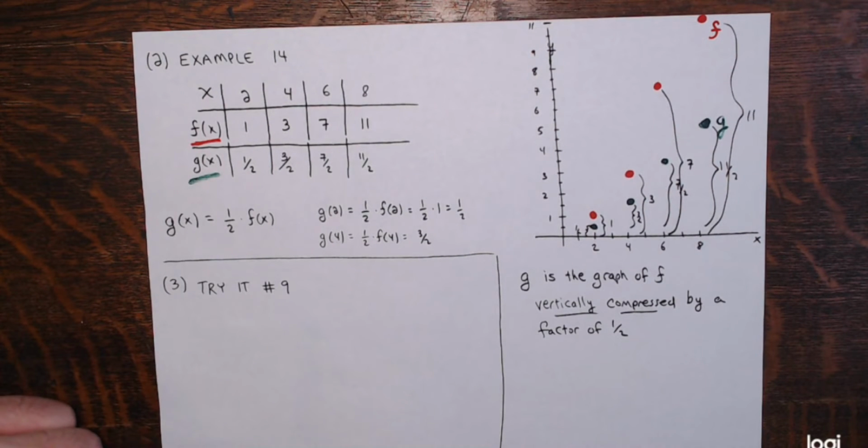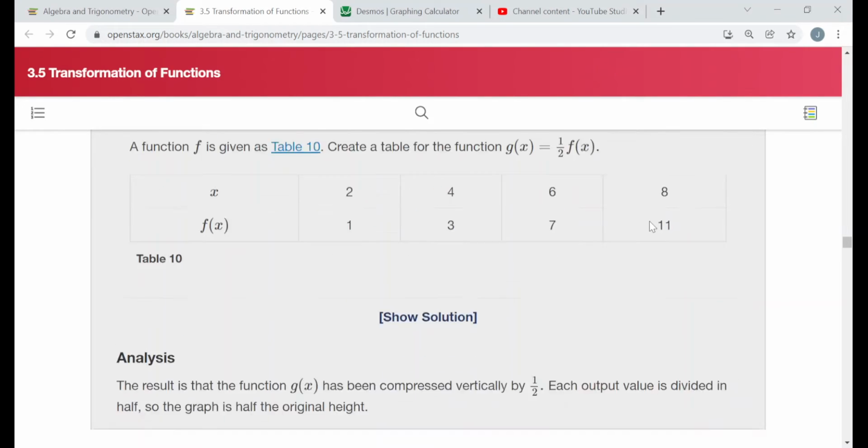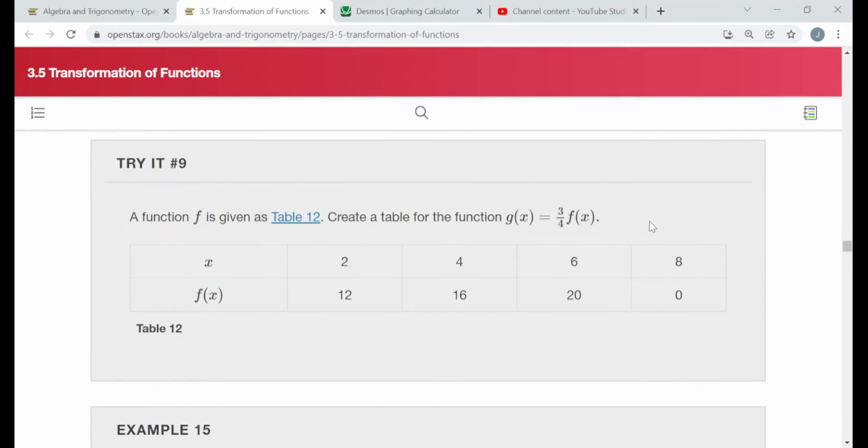Okay. The next example I wish to show you is try it problem number 9 from the text, which is the very next one. So another table here. Again, a function f is given as a table. There's only 4 ordered pairs.